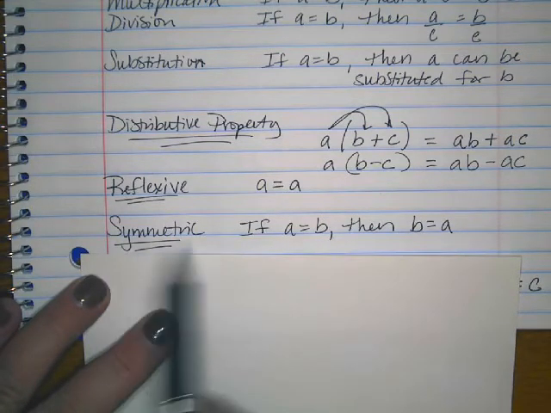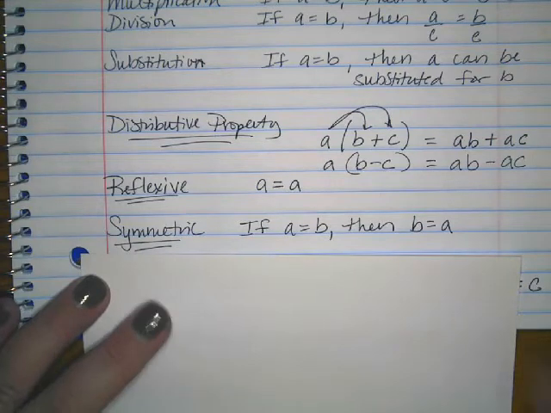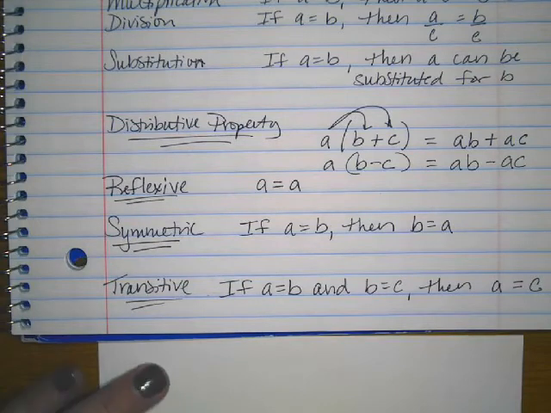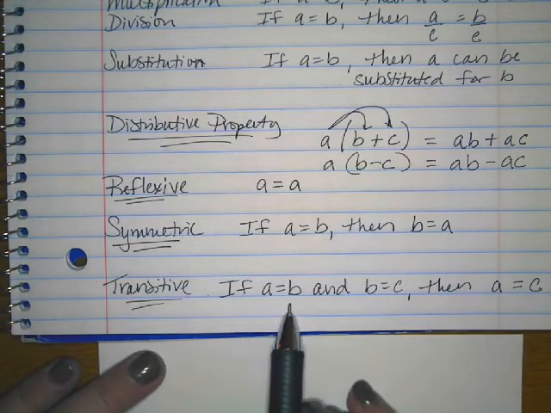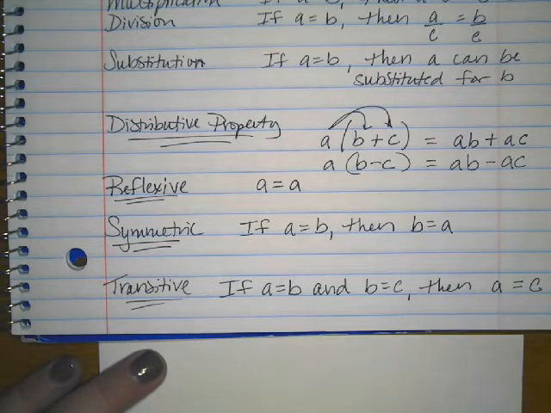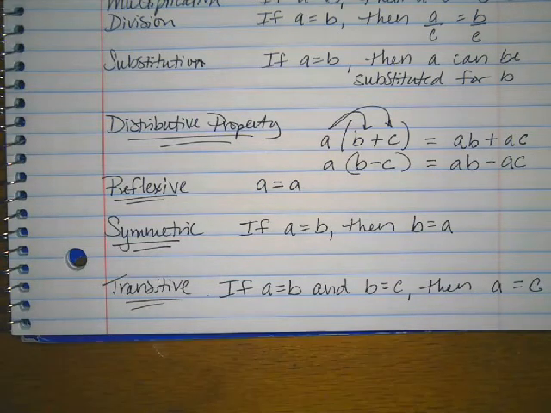It has symmetry, right? And then the last property today is called the transitive property, and it says that if A is B and B is C, then A has to be equal to C. We just looked at one like that the other day, so we've been working on that transitive idea for a little bit.